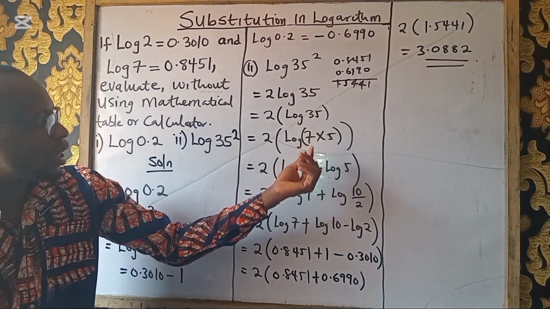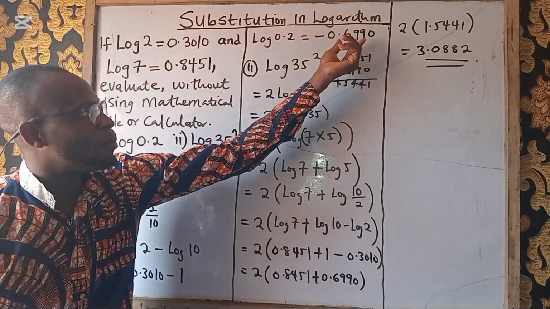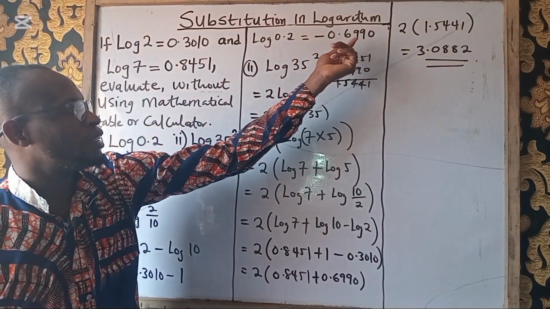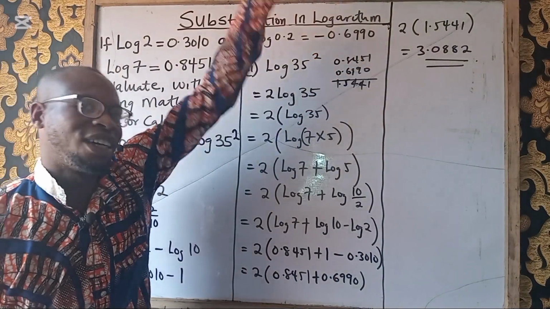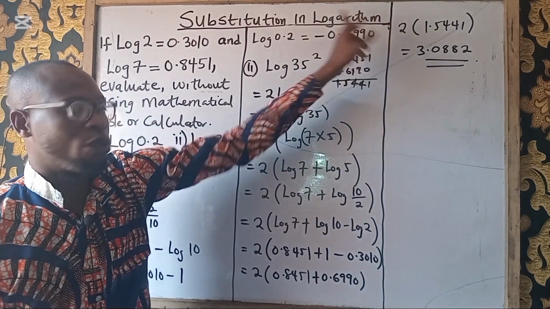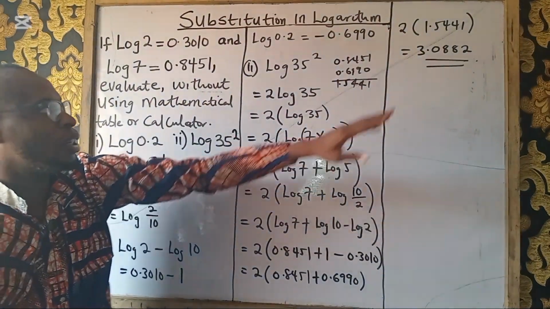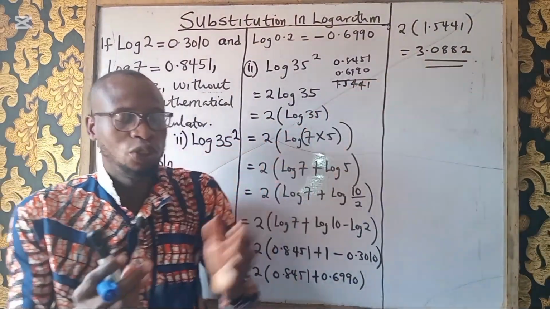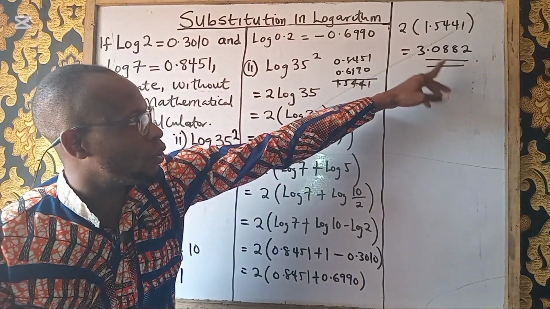Okay, where is the first one? This is the first one. It might not exactly give you the same thing, but this can probably be 0.6989 and maybe 9 at the back. So you approximate. That's what a calculator will give you actually. But this one now might not give you exactly the same thing as this. If you use a calculator now, this is giving you 3.0881.